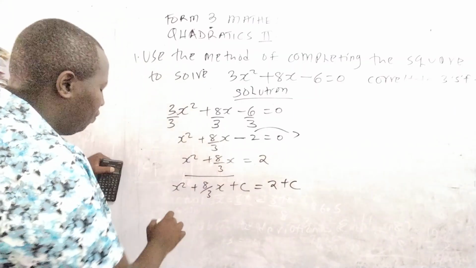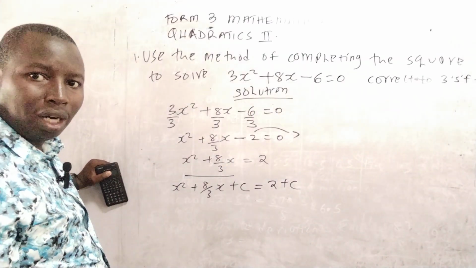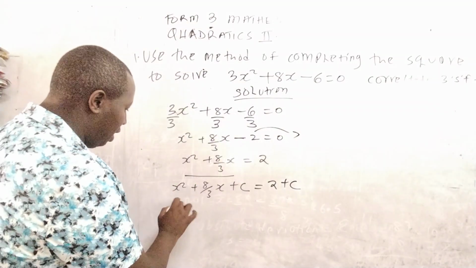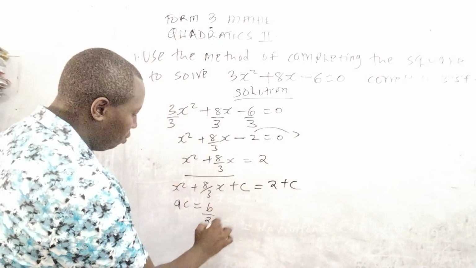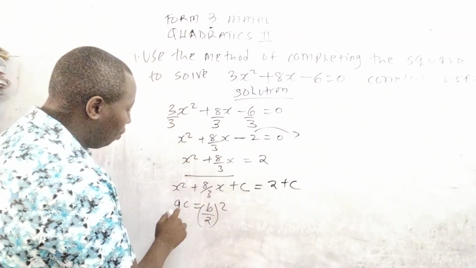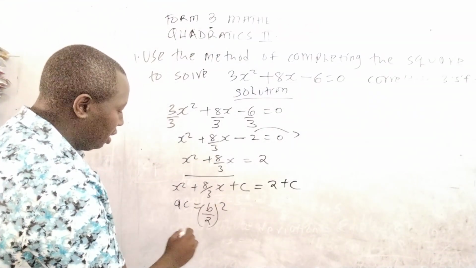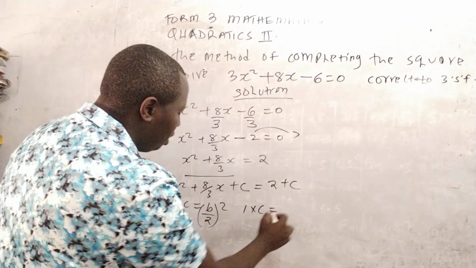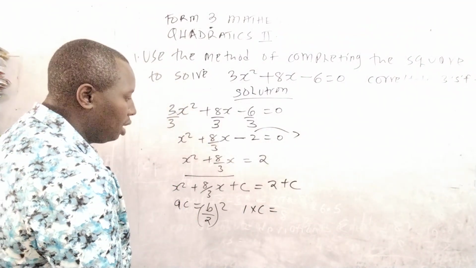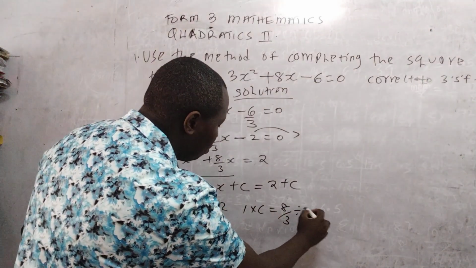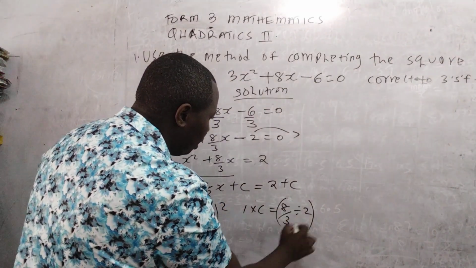How do you get c? The coefficient of x squared is 1. This is how we find c: a times c equals b over 2 squared. Our b is 8 over 3 in this case, and a is 1. So 1 times c is equal to 8 over 3 divided by 2, squared.